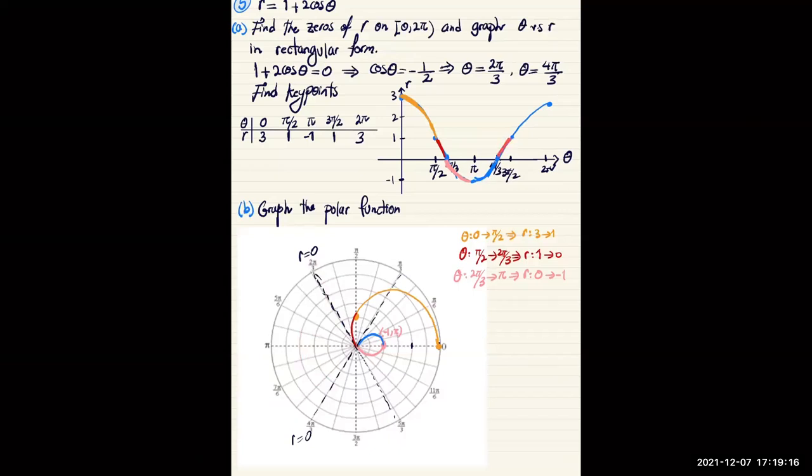Okay, r goes from 0 back to 1. See, at 3 pi over 2, r is equal to 1. Here is 3 pi over 2. Angle 3 pi over 2, r of 1 will put you right there at that point. Okay, so we get this piece of the graph.